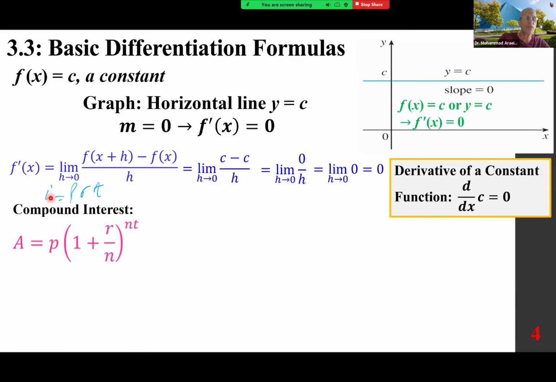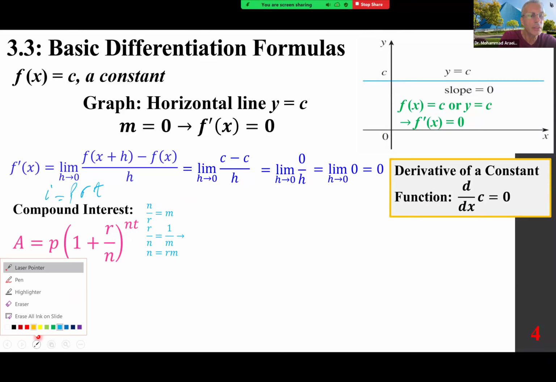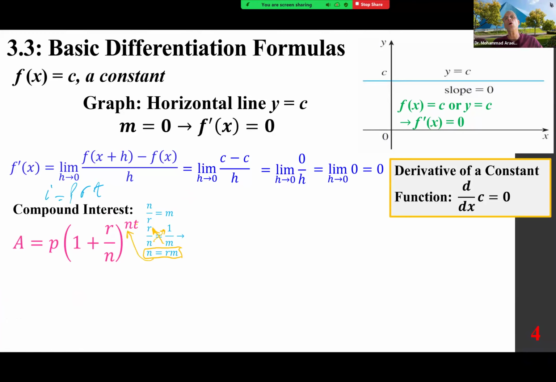Now, if we represent r over n as 1 over m, its reciprocal is m, and the cross product here results in this. And so we can replace the n with r times m.